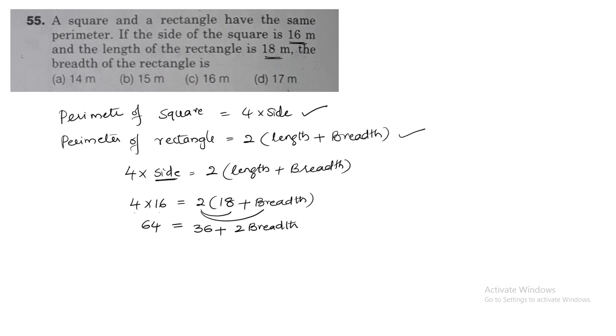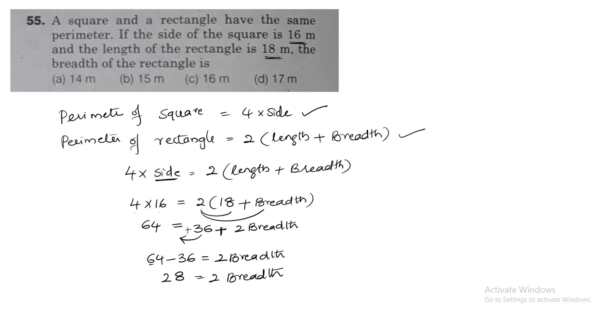Now when I shift this 36 to the left hand side, it becomes 64 minus 36 is equal to 2 times breadth. Then 64 minus 36 is 28.